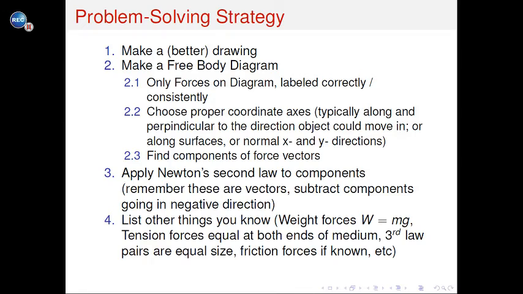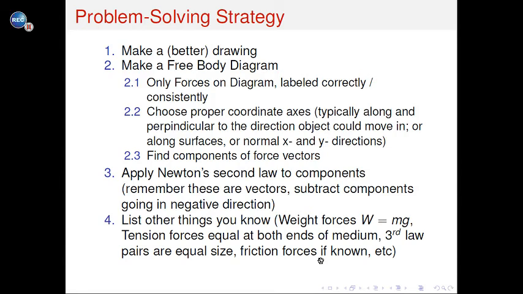And if you know that there's a friction force, say you know the object's moving, then you know that the friction is mu sub k times the normal force. And you know that if there's a friction force, there's a normal force. So you know that there's a relationship between them.